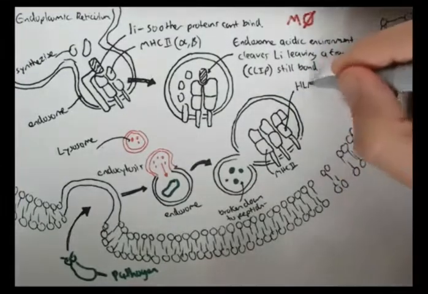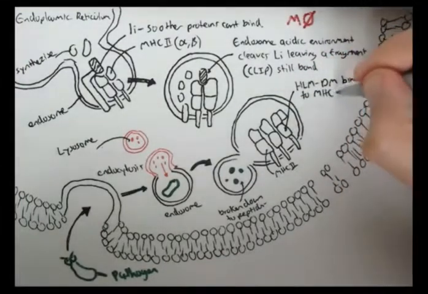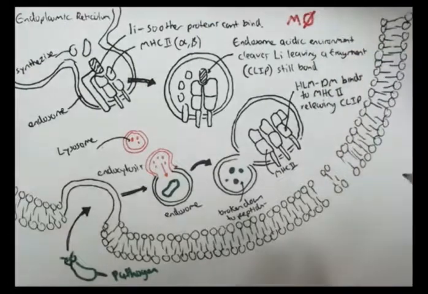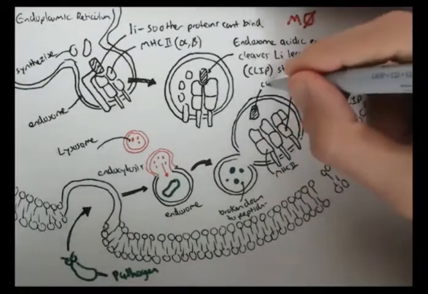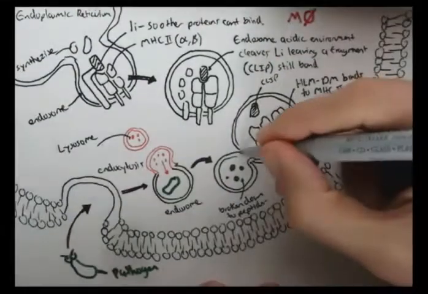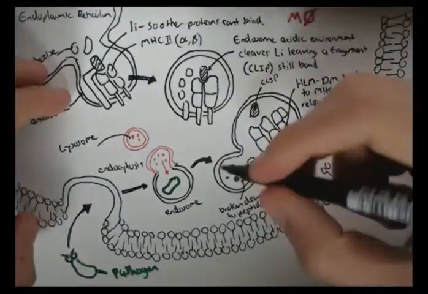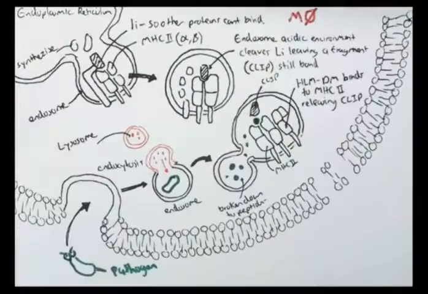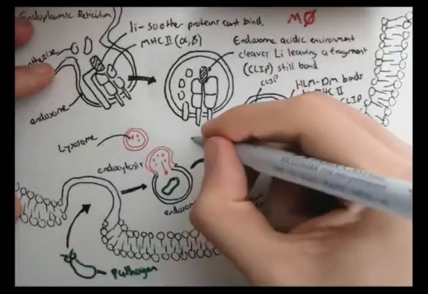And so the MHC class 2 molecule is complete, and the endosome containing the peptides fuses with the MHC endosome, and so the peptides are able to bind to the cleft of the MHC class 2 molecule.